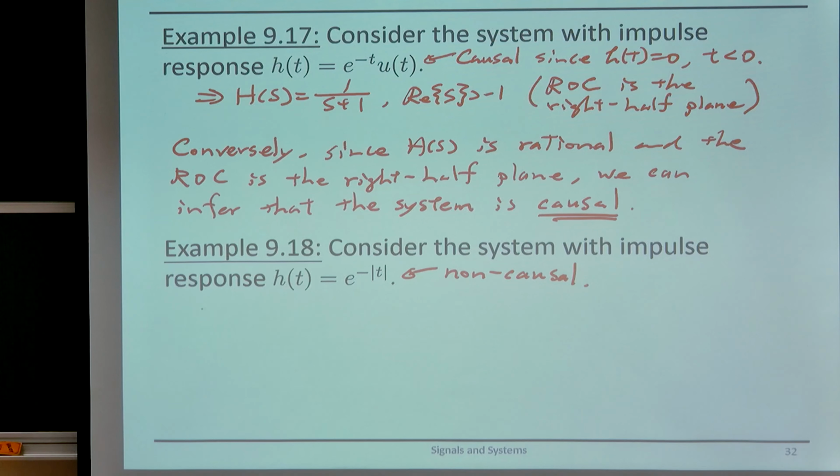Now, if you work out the Laplace transform, which we did in one of the examples previously, I think it was 9.7, you know that the transform is minus 2 over s squared minus 1, and it has a region of convergence that is between minus 1 and 1.